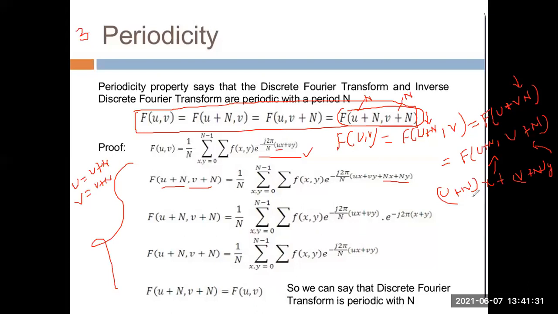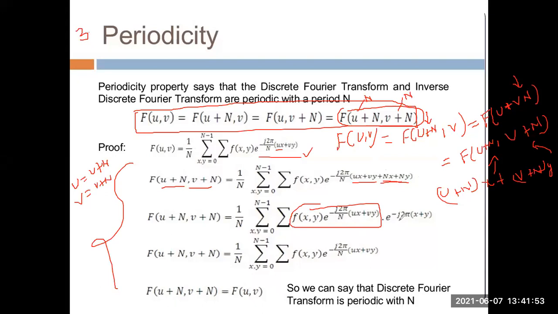When you open this, what will it be? It will be ux plus vy plus nx plus ny. Okay, so again we can write this separately. The ux plus vy is written as one term, and n I have taken common.